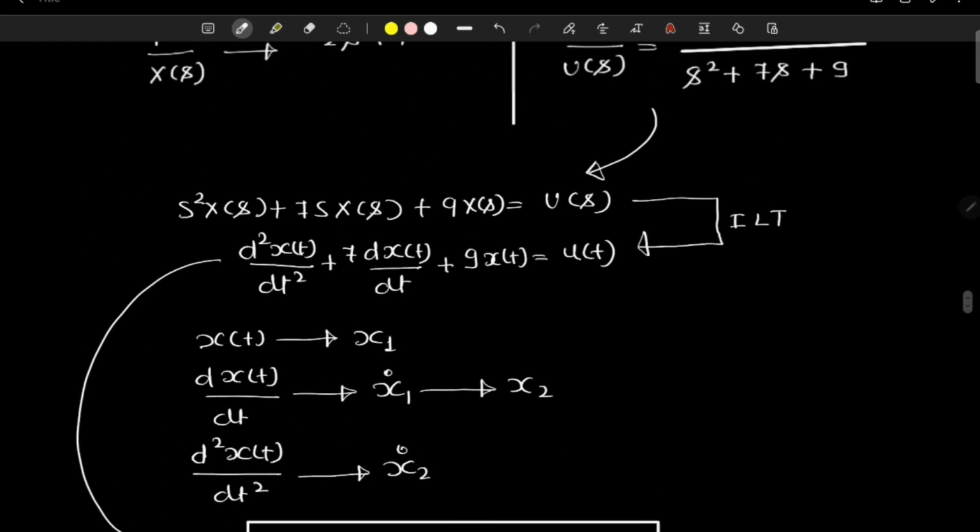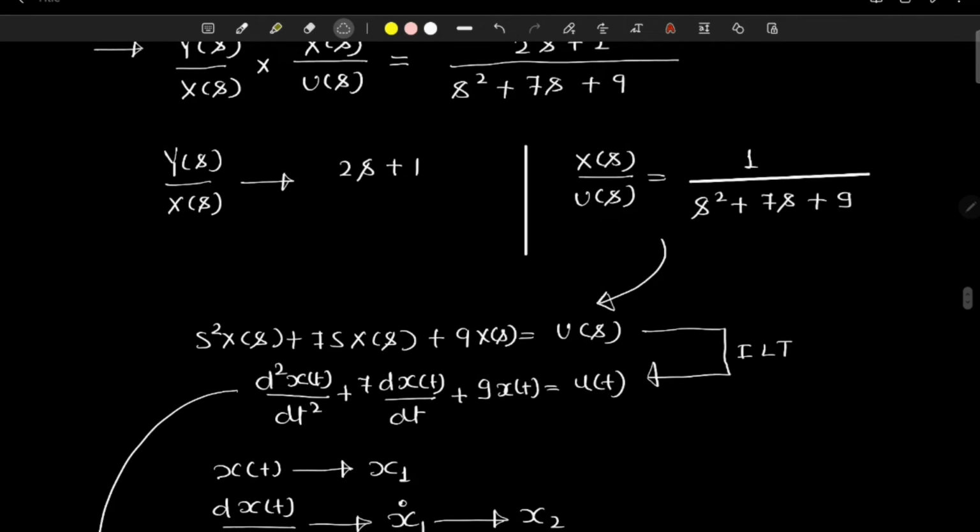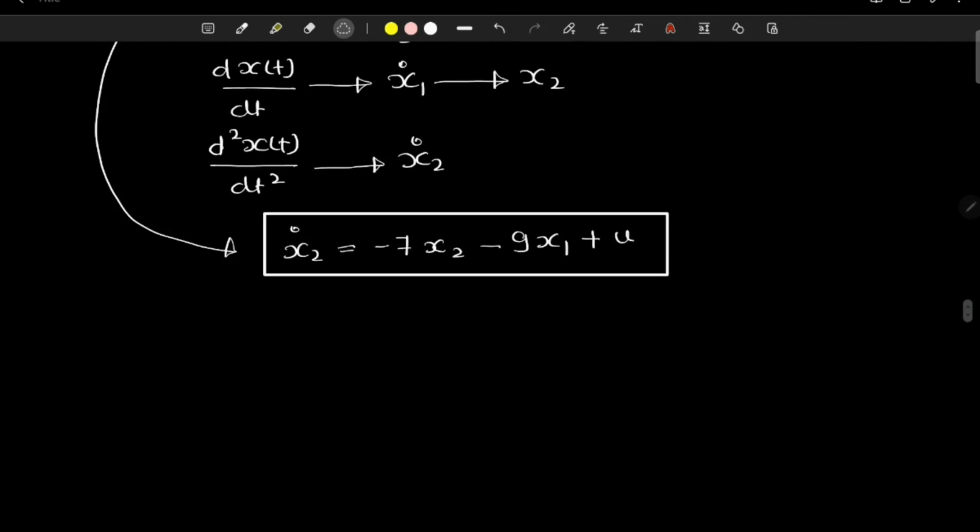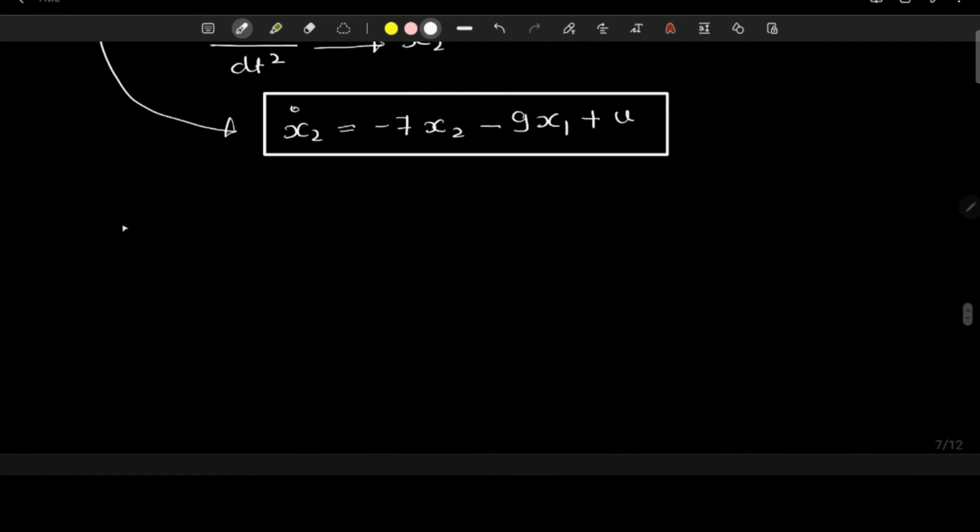Now let's take the other equation. y of s divided by x of s is equal to 2s plus 1, and we will write y of t in terms of x of t by taking the inverse Laplace transformation.